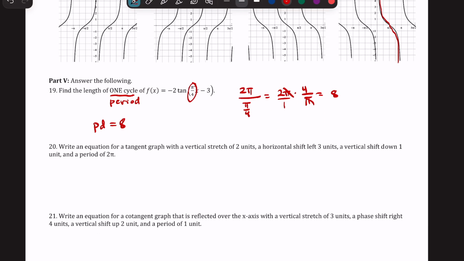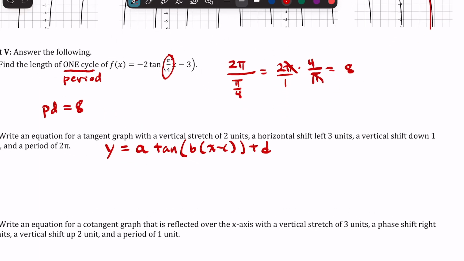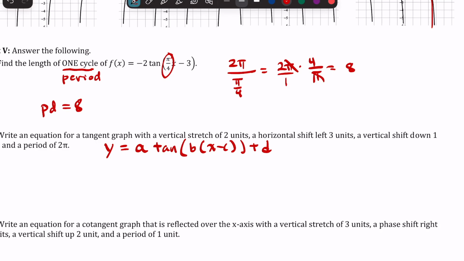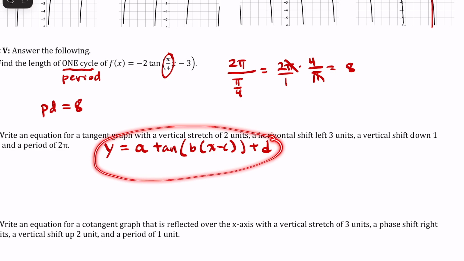Write an equation of a tangent graph with, okay. So this really should harken back to the days of Algebra 2. You're going to have A tangent of B times x minus c plus d. In general, this equation goes for a lot of functions and their transformations.